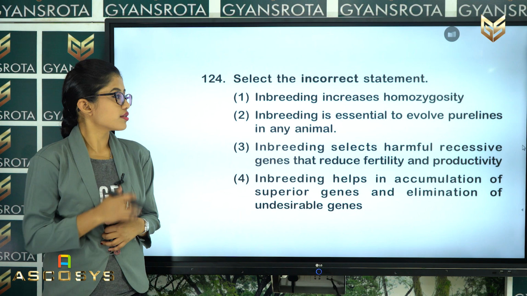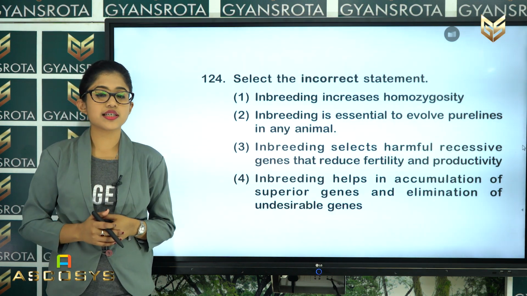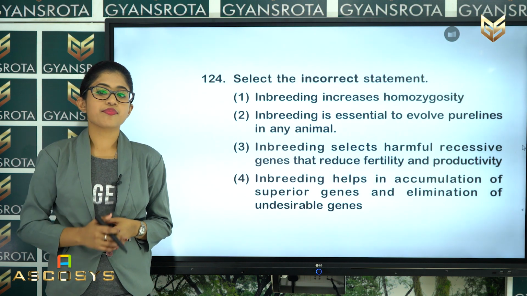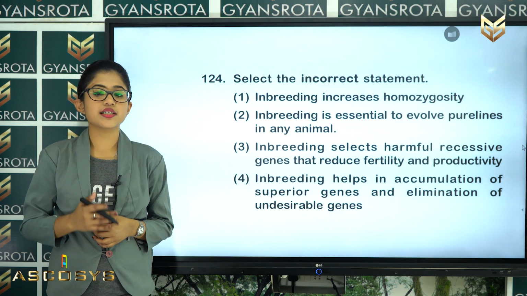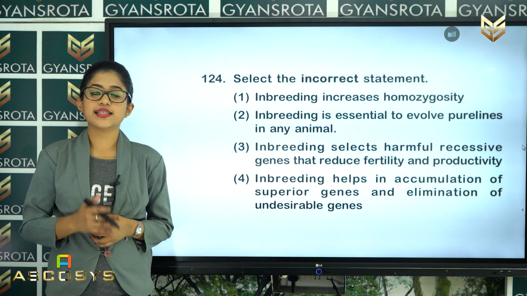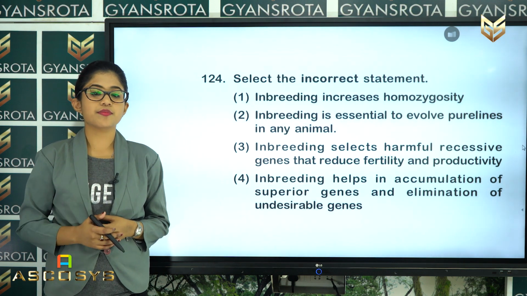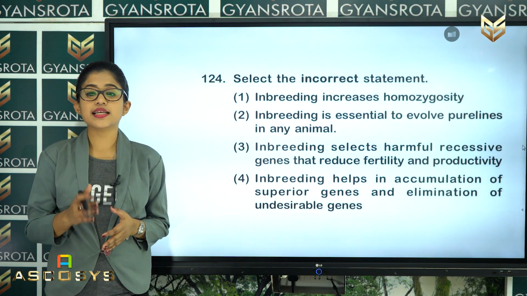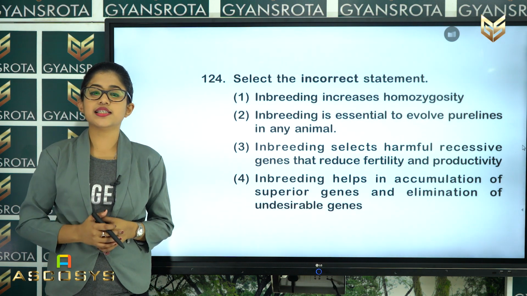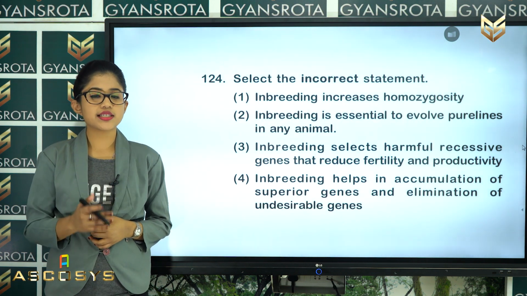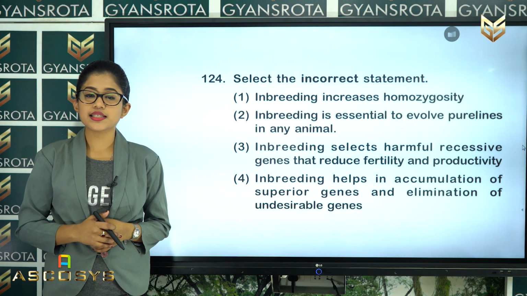The first statement, that inbreeding increases homozygosity, is the correct statement. Next, the second statement says that inbreeding is essential to evolve pure lines in any animals, that is also correct. Then the third statement says that inbreeding selects harmful recessive genes that reduce fertility and productivity. Is this a correct statement? No. What is the correct answer?